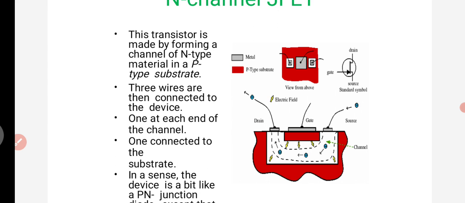So two will be connected to the channel, one will be connected to the substrate. The substrate type is P type, so the P type substrate will be connected to the terminal gate. The channel connections will be the source and drain.